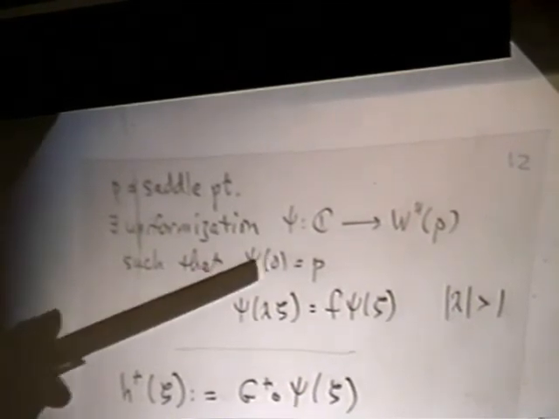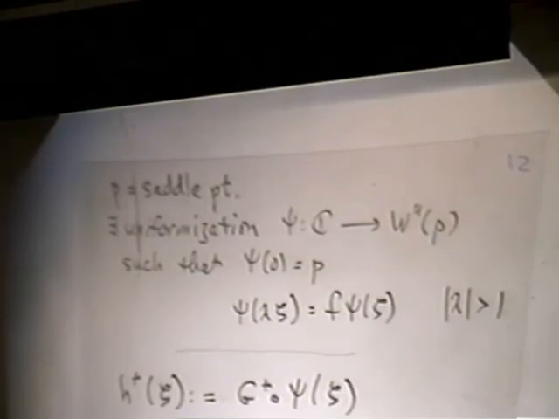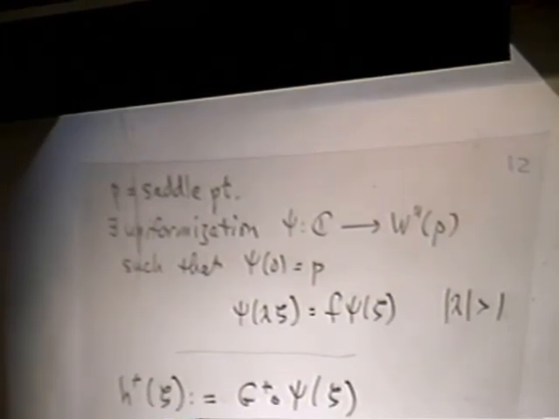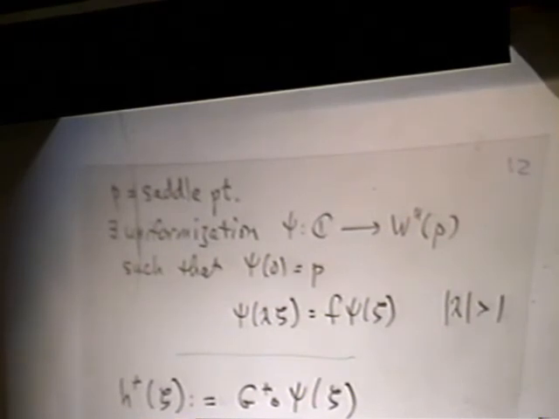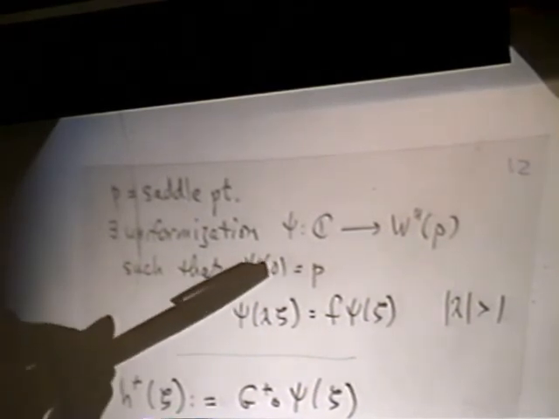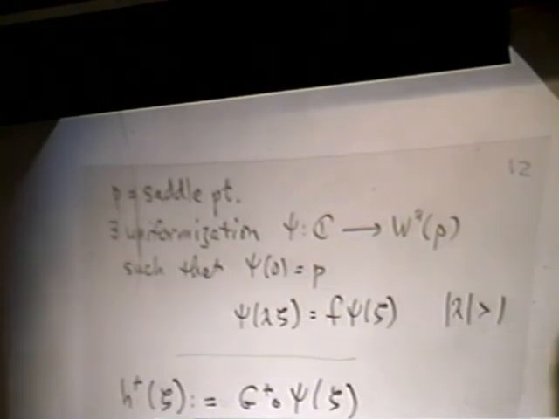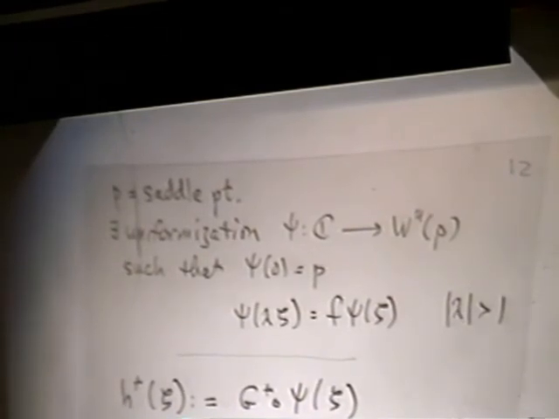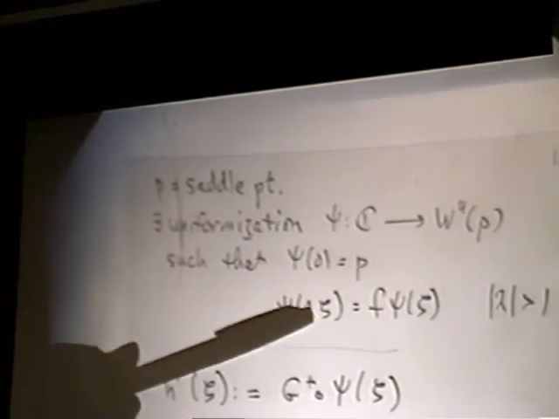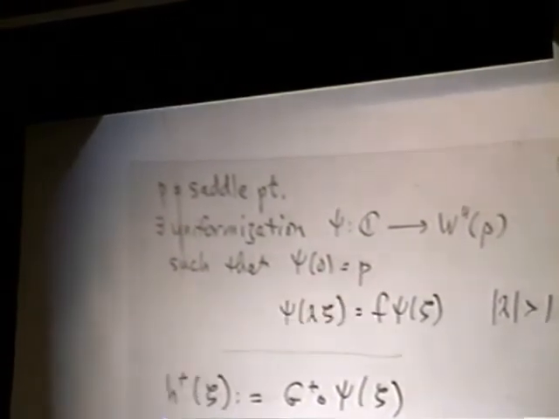If we're looking at an embedding of C into C2, it's uniquely determined up to an affine change of coordinates, but here we're going to make it so that the origin goes to P. And if lambda represents the unstable multiplier at the fixed point, then we have this functional equation. If we take the parameterization psi, and scale the parameter zeta by lambda, that's the same as applying f.